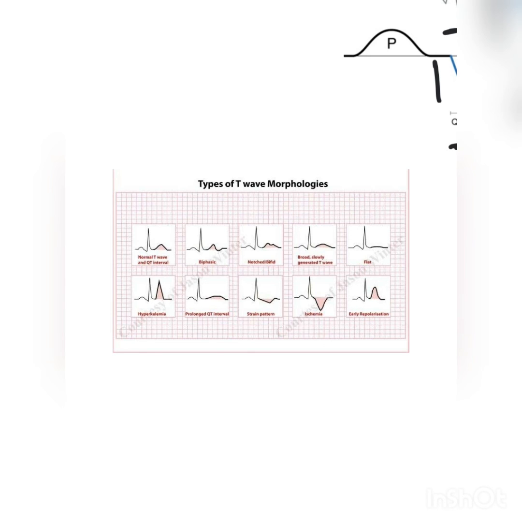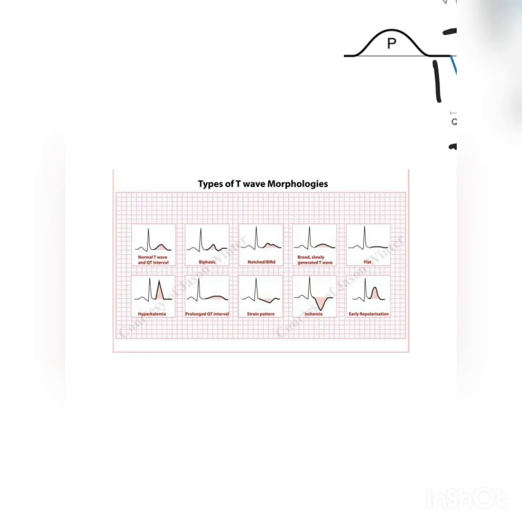Now the amplitude. The amplitude of the T wave is important, because we say flat T wave or hyperacute or tall T wave. So what is the normal amplitude? Normal amplitude is also different in limb leads and chest leads, like we discussed for the P wave.